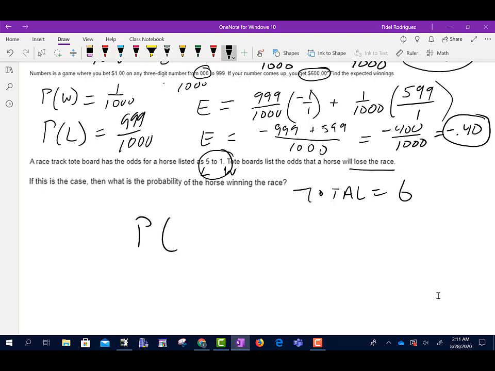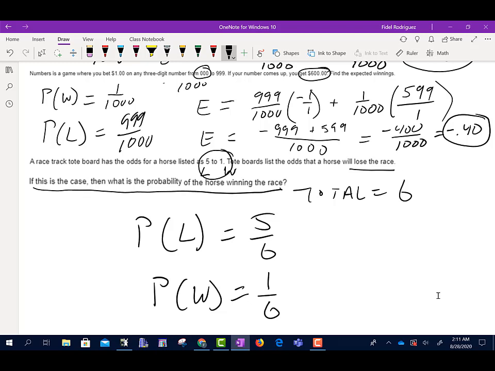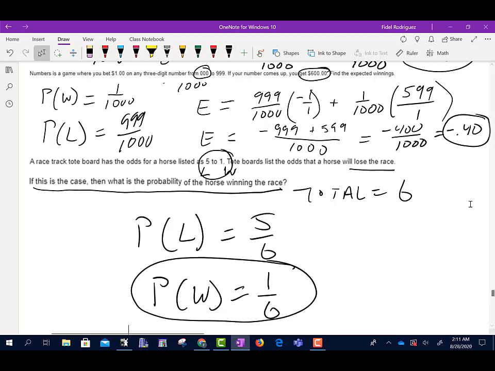So the probability that the horse is going to lose would be 5 to 6, and the probability that the horse is going to win would be 1 to 6. And then it says right here, in this case, what's the probability of the horse winning? Well, it would be 1 out of 6. Okay? And that is 9.3.